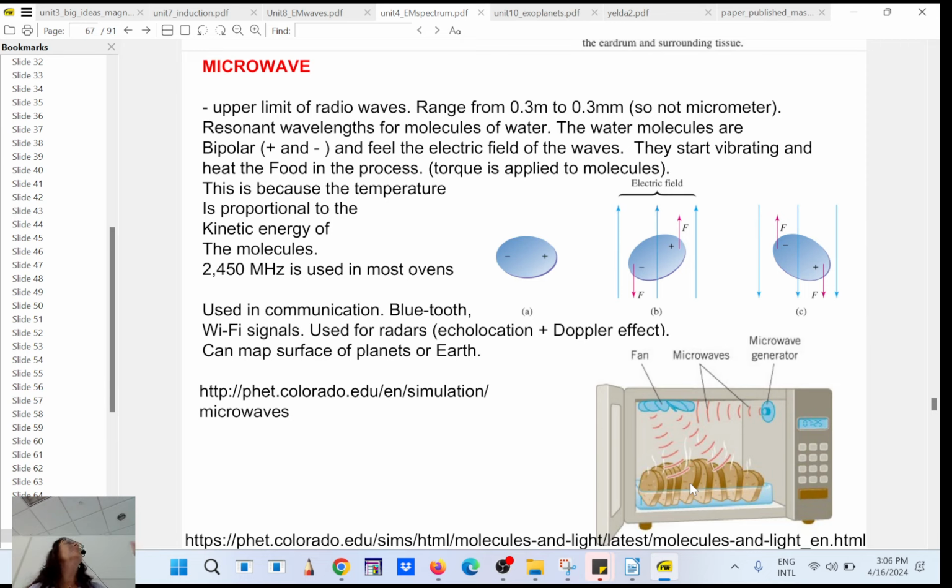I don't know where I am, but you get the idea. So you're going to have an oscillating electric field inside, and because the water molecule, as you all know, because you are all very good at chemistry, is polar. It's a polar molecule, exactly. So you have a plus here and a minus here.